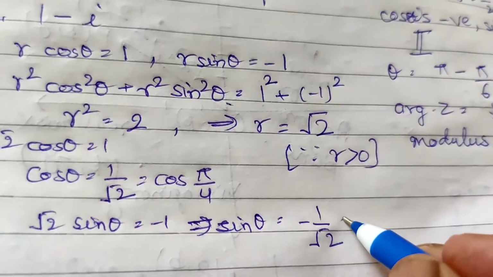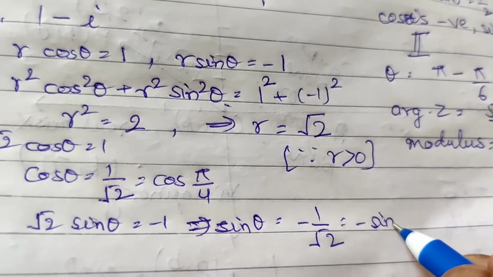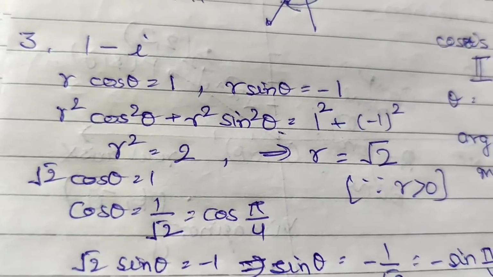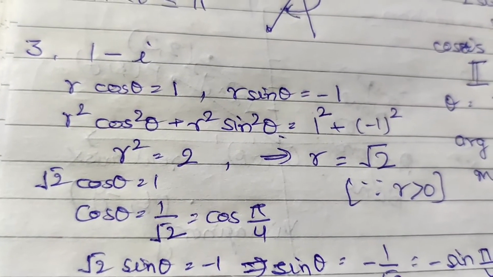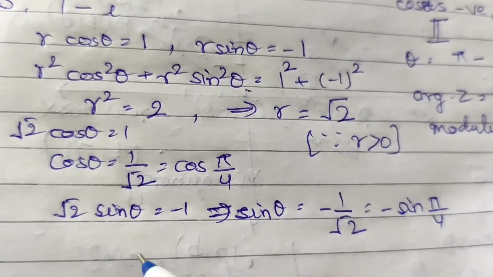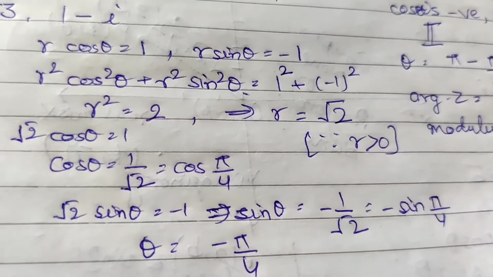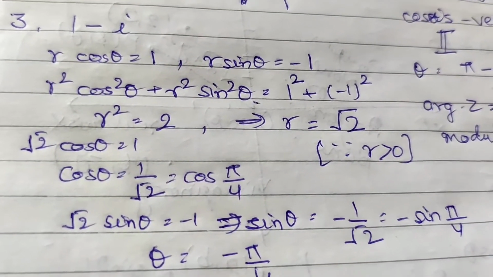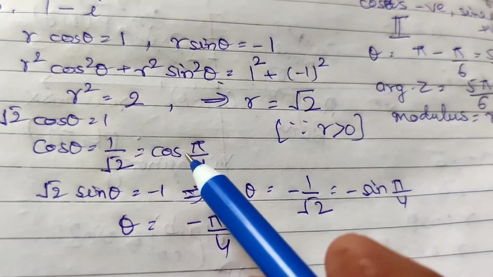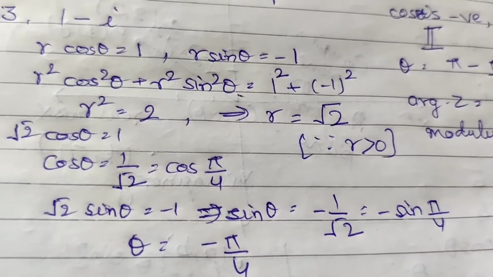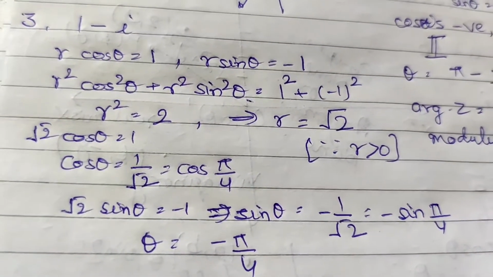It is also the value of minus sin pi by 4. It means theta equal to minus pi by 4. Theta lies in the fourth quadrant because cos is positive and sin is negative. Therefore, theta equal to minus pi by 4.